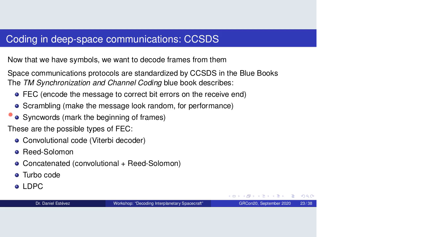So this scrambling is done to make the message look random, just because of this reason that Phil Karn says about these noise-like signals. And the third important thing is the sync word. Sync words are small sequences of bits which are used to mark the beginning of frames.